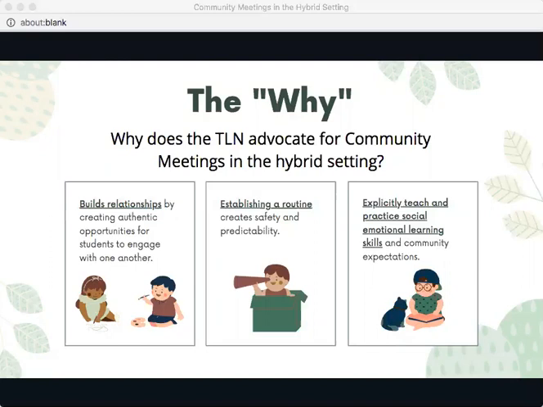And they help us to explicitly teach and practice social and emotional learning skills and community expectations. These components are pivotal when we are thinking about supporting the mental and emotional needs of all students in a holistic way. And we know that students may not be able to engage in rigorous academic content unless these needs are met first.